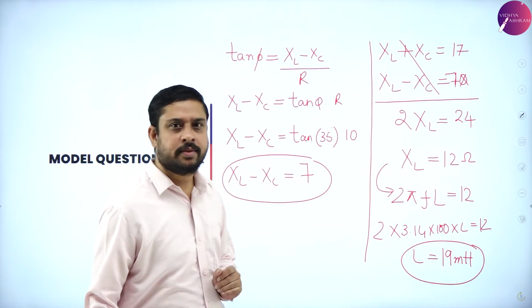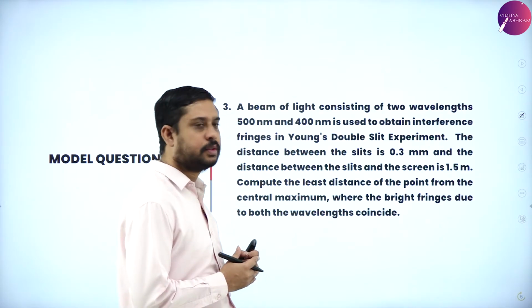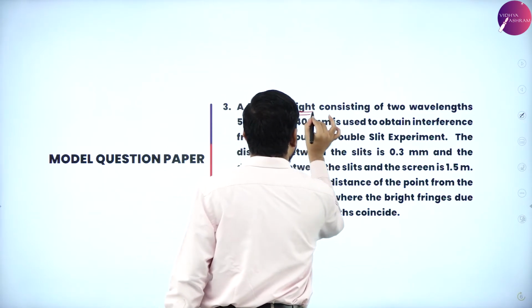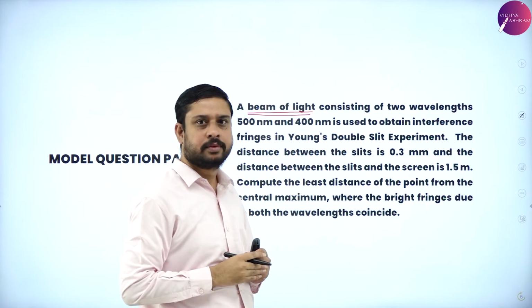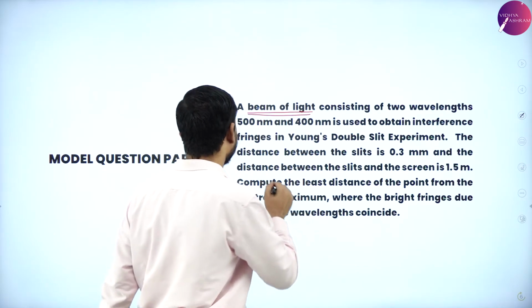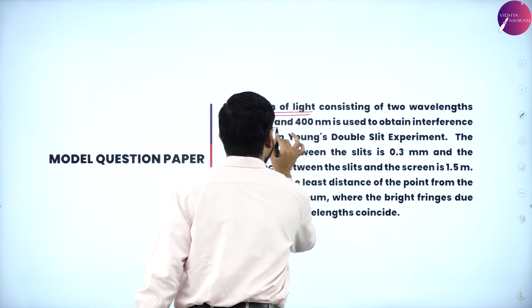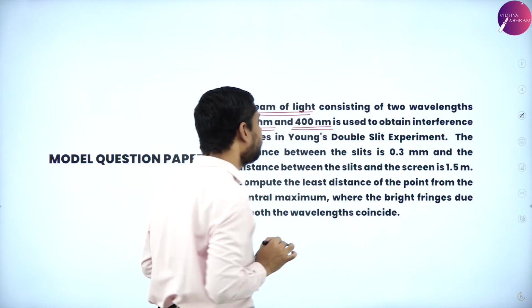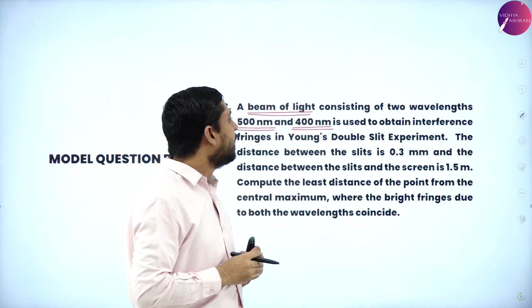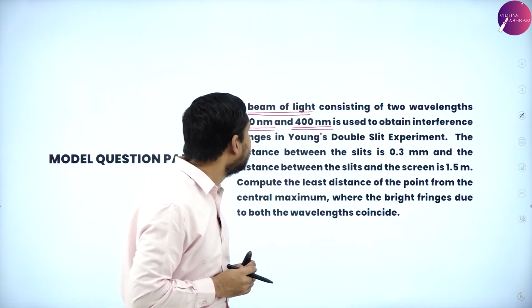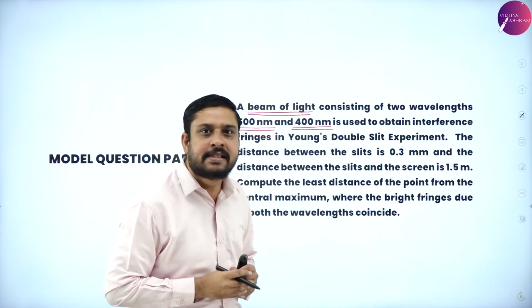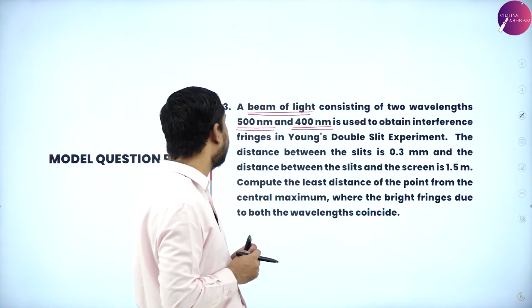The next one, students. Again, an interesting problem. A beam of light consisting of two wavelengths, 500 nanometer and 400 nanometer, is used to obtain interference fringes in Young's double slit experiment.